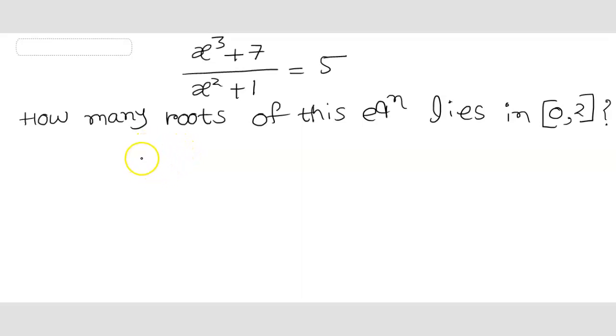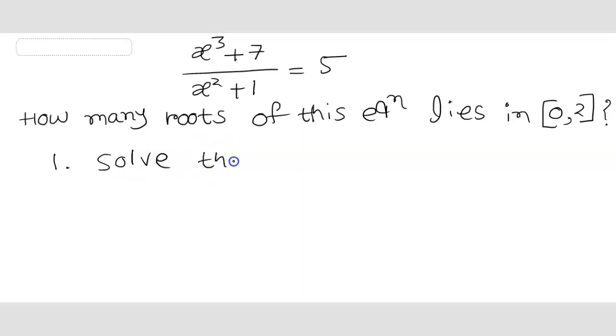Okay, let's begin. When we have to find the number of roots of an equation in some given interval, there are some methods we can follow. The first, a good choice, is to solve the equation.